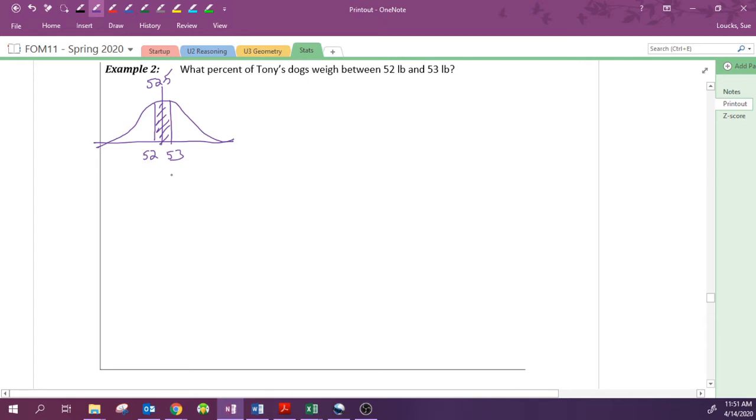So what we need to do is figure out what percentage are less than 53, which is this yellow range, because remember we can only find what's to the left of a particular amount. If we do that and then we subtract the bit that's here, we can be left with what we actually want.